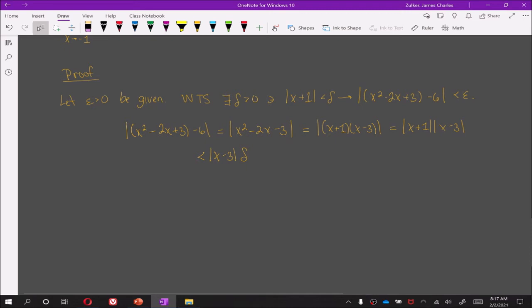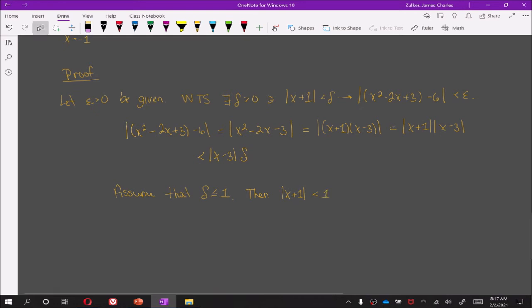Well, since we're assuming delta is probably going to be small to begin with, let's just go ahead and assume that delta is less than or equal to 1. If we do that, then the absolute value of x plus 1 is less than 1, right?